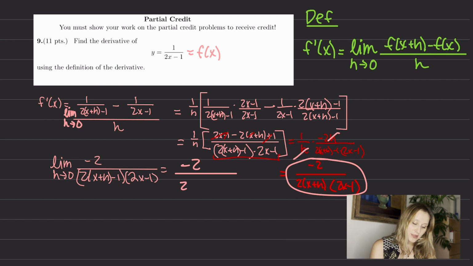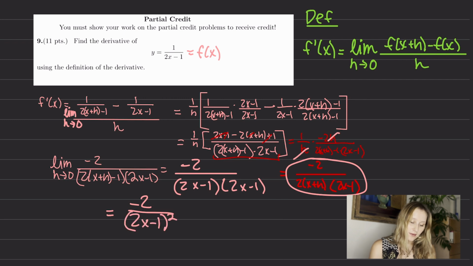Plugging in 0, we get 2x minus 1 times 2x minus 1, and we get minus 2 over 2x minus 1 squared.